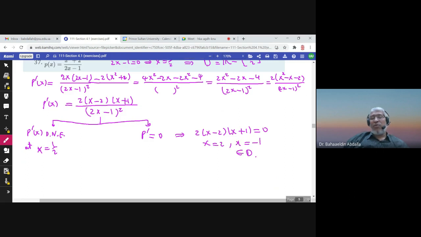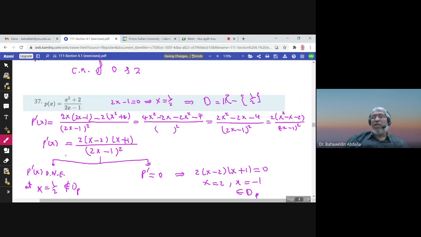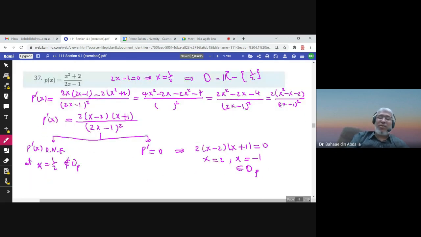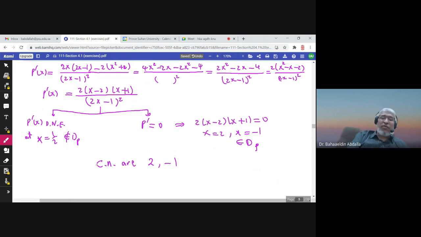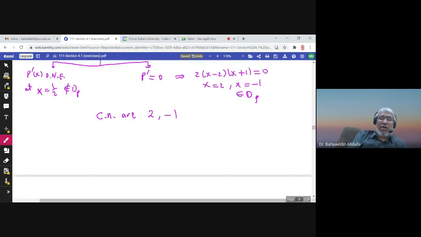These two numbers belong to the domain of P, while half does not belong to the domain of P because we said that the domain is all real numbers except half. So half cannot be a critical number, although it makes the derivative does not exist because it's not in the domain of P. So the critical numbers of P of x are 2 and negative 1. There are two critical numbers.